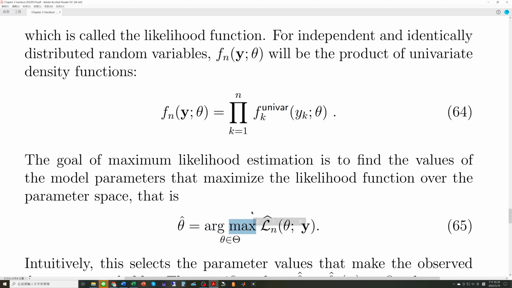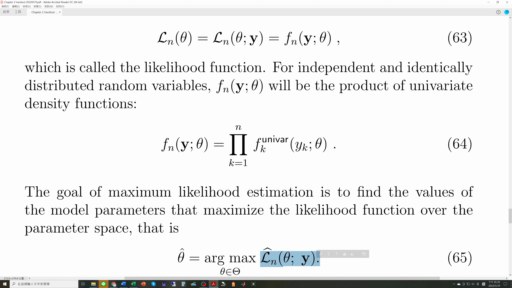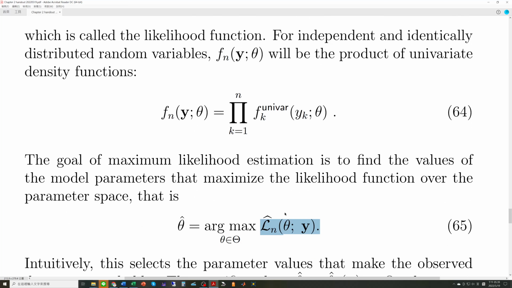So the maximum is taken over all theta, or small theta, which is in capital theta, of L hat n of theta given y. What does this mean? This means that we need to find a theta such that L hat n of theta given y is maximized.